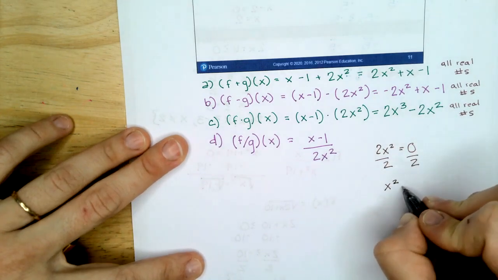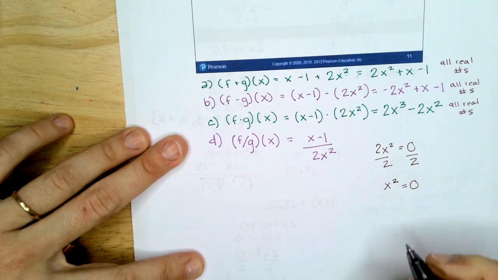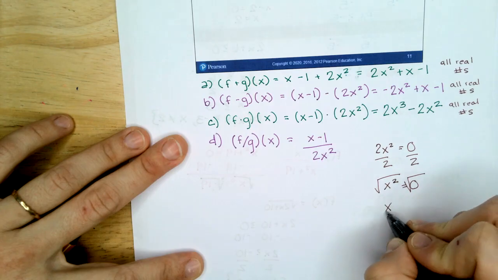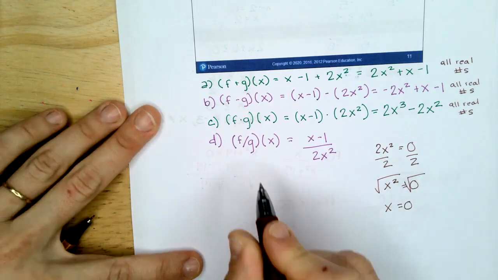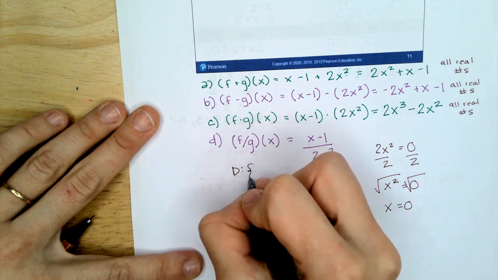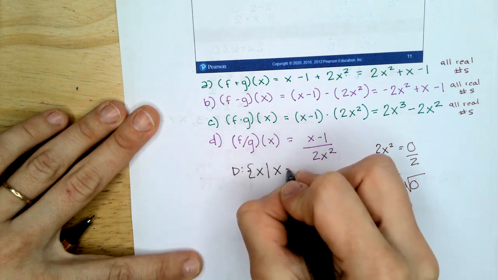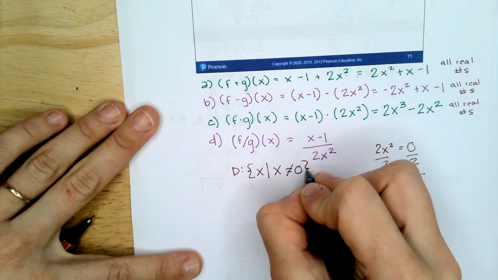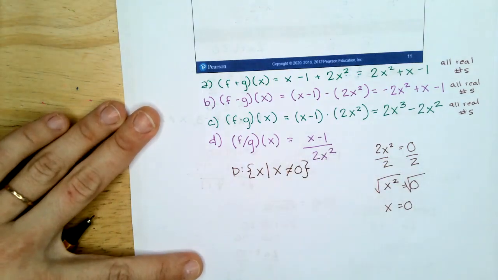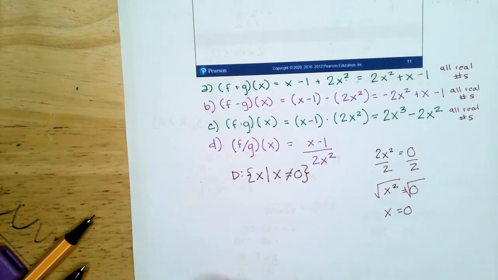X squared equals 0 divided by 2 is still 0. The square root of x squared and the square root of 0. So now it's x equals 0. So this domain is x such that x cannot be the number 0. And if we think about it, 0 squared times 2 is going to give us 0 in the denominator. Good?